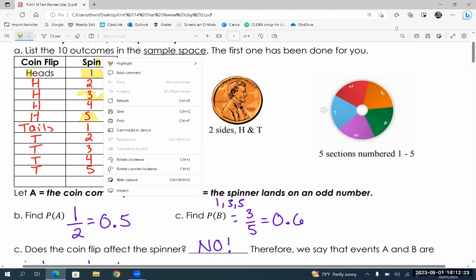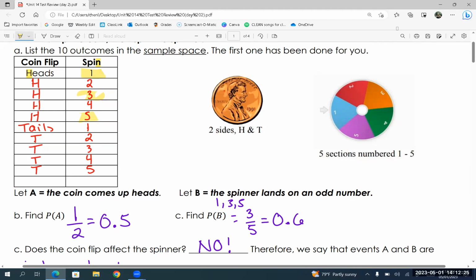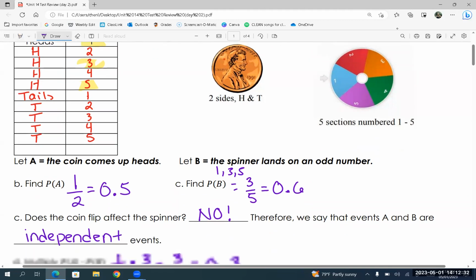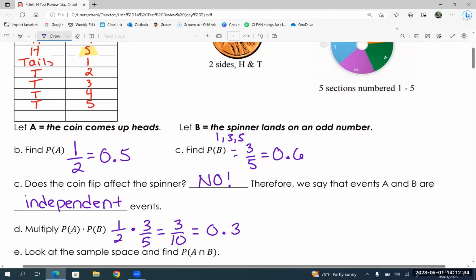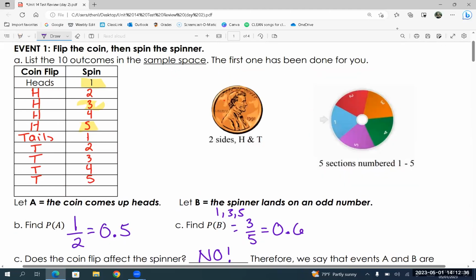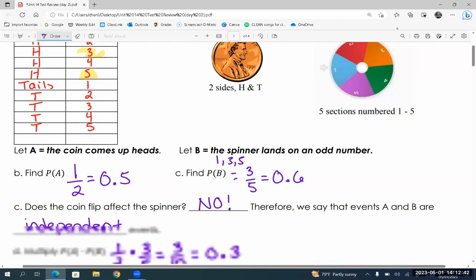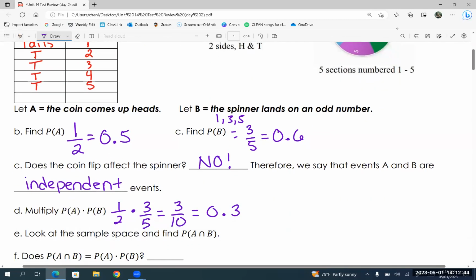Those are the 3 possible outcomes, sorry, I said 5, out of the 10 possible values in our sample space. So that matches up with what we just found. That would be 3 out of 10, which would be 0.3.